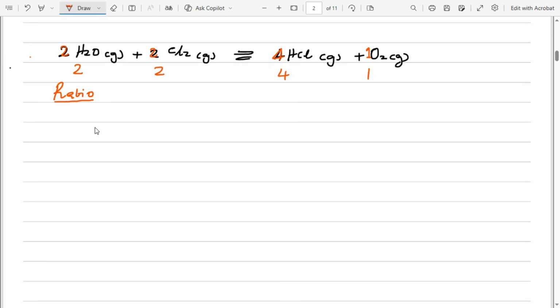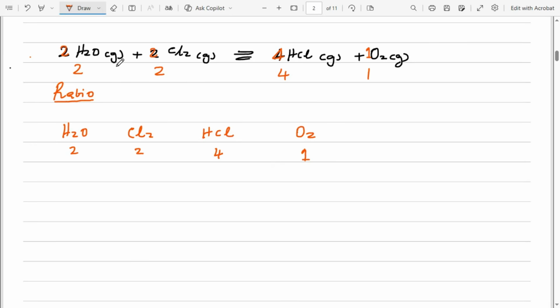For H2O, the ratio is 2, for Cl2, the ratio is just 2, for HCl, the ratio is 4, and for O2, the ratio is 1. This is where you start. You write the ratio.